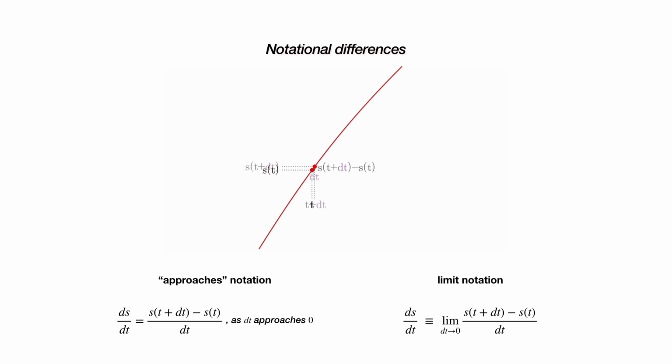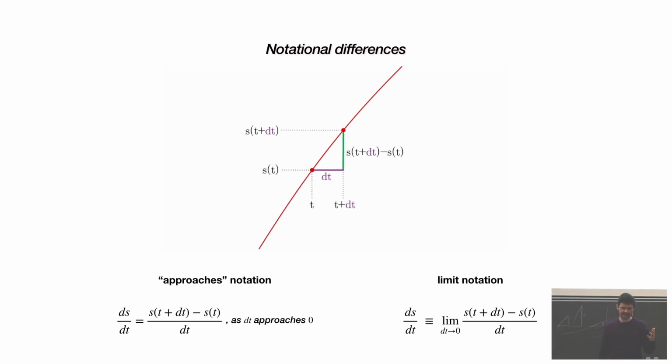On the right side, we have a very formal definition. And I will try to describe what derivative is from both perspectives, yeah? Let's try with the left approach first, yeah, this side. So the true derivative of speed at any point of time t is what this ratio of green over purple approaches while this dt, or the lower part, the purple part, is approaching 0.